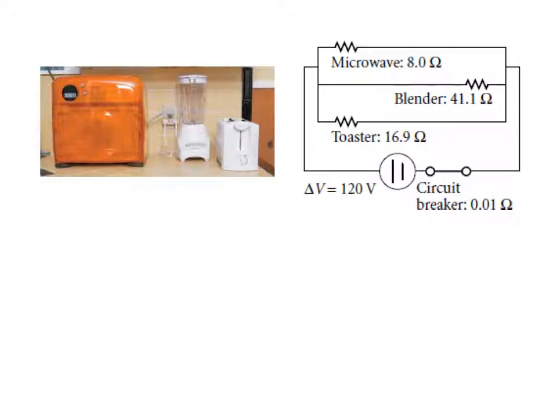Now, what you'll notice here, if you follow the circuit, you leave the plug or the source of energy, go through the circuit breaker. The circuit breaker has very, very low resistance, almost negligible resistance, but this is what's able to sense if there's nothing to take on the energy from it.